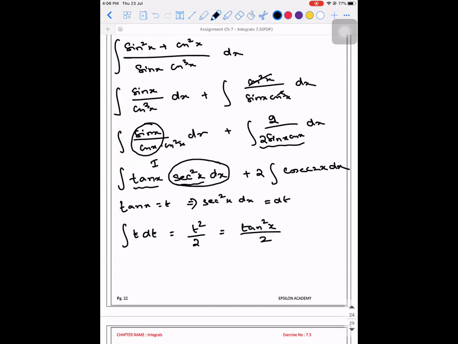If I call this I1 and this I2, then I1 is this much. I2 will be 2 into integral of cosecant theta. Now look at the formula and tell me.